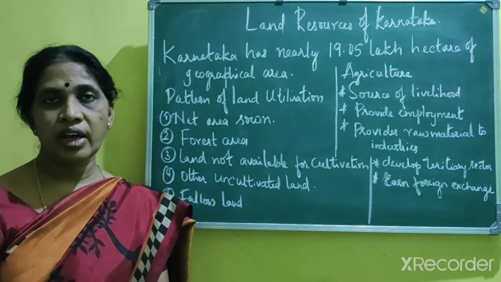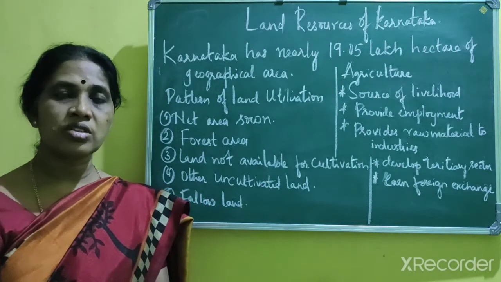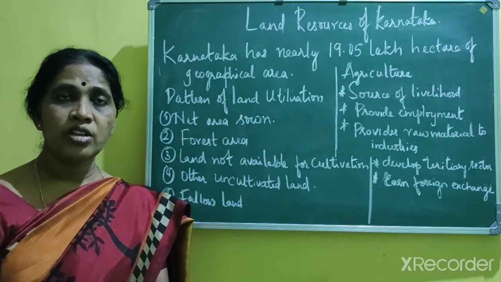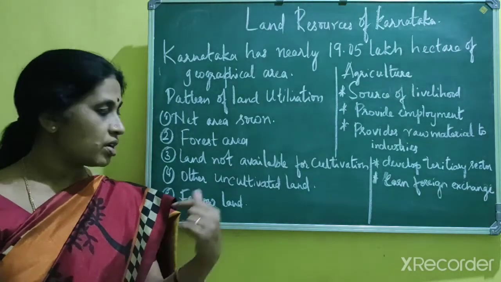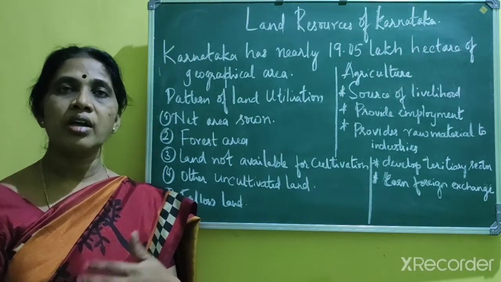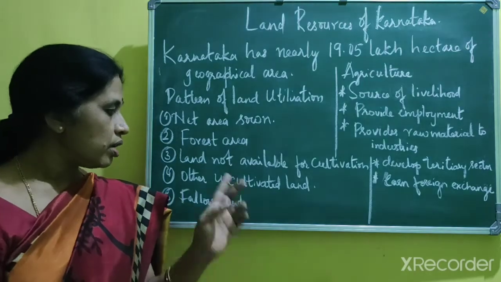Next, this kind of land is found even in regions like Dharwad, Gadag and Bagalkot. It is also said that land under this category can be reclaimed and agriculture can be practiced there. I think you all understood.